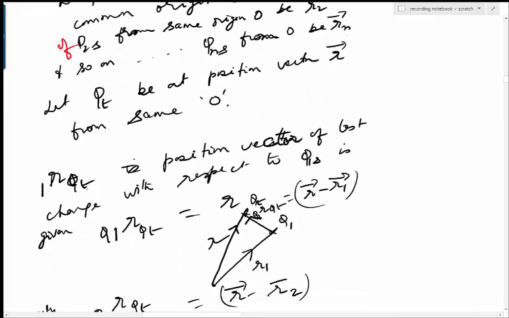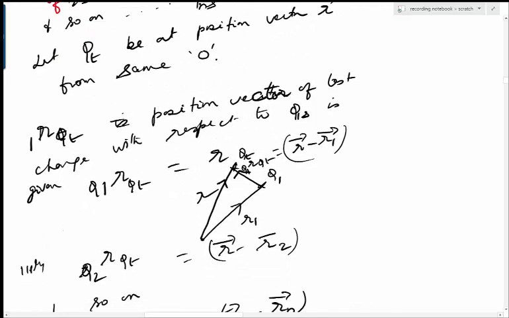Now, the position vector of the test charge with respect to Q1 will be taken as follows. This is R1, that is the position of Q1 with respect to the common origin O, and this R is the position of the test charge with respect to the same origin O. O to Q is R, O to Q1 is R1.